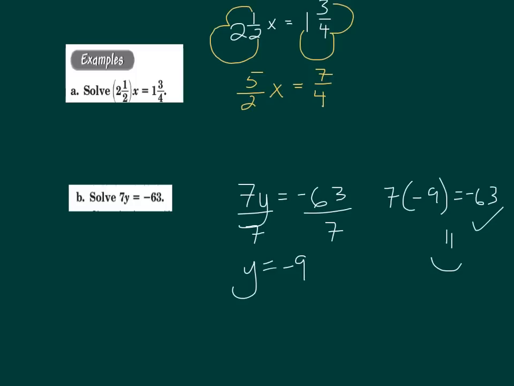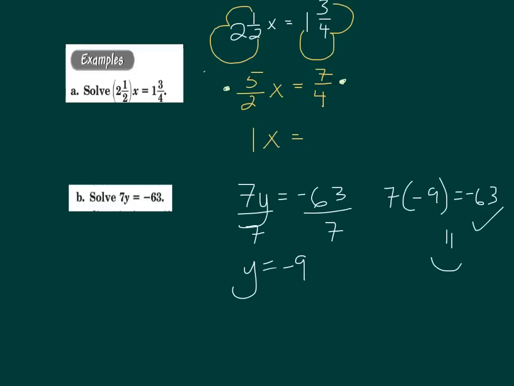Now to solve this, we're not just going to use that multiplication property. We're going to use that multiplicative inverse property. So we're going to think, what could I multiply 5 halves by that would give me a 1? Because you know our goal here is to get 1x equals, well, something. We don't know what it is yet. So again, multiplication property of equality, what would that something be?